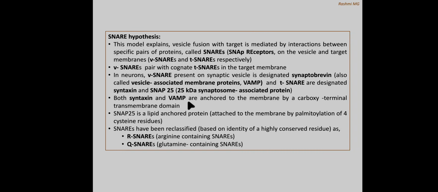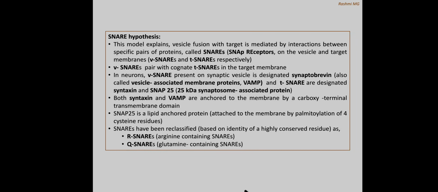Both syntaxin and VAMP are anchored to the membrane by a carboxyl terminal transmembrane domain. SNAP25 is a lipid anchored protein attached to the membrane by palmitylation of 4-cysteine. SNAREs have also been reclassified based on the identity of a highly conserved residue: R-SNARE made up of arginine, Q-SNARE made up of glutamine.